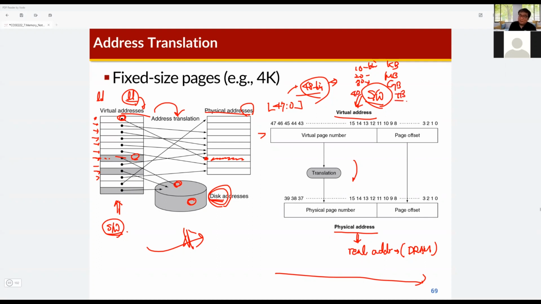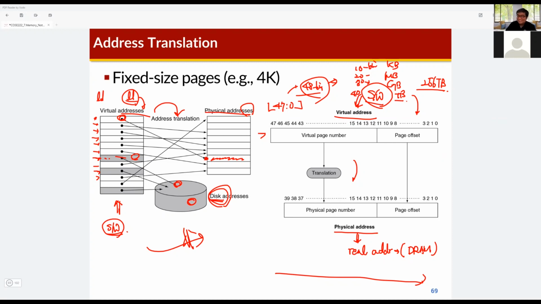So that means the size of the virtual memory is 256 terabyte. That is the software's view. So that means the software can use 256 terabyte of virtual memory space. It's very large. It's nearly infinity.